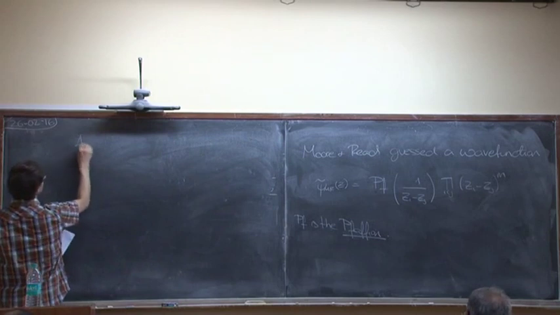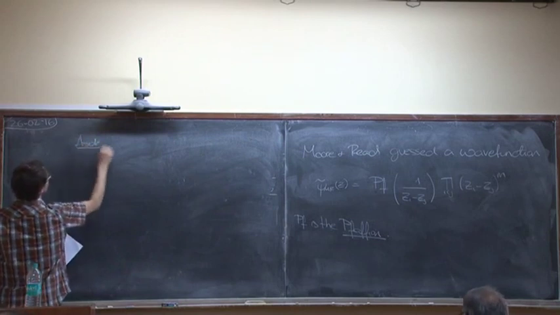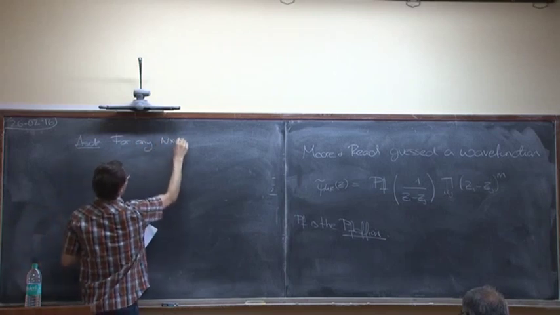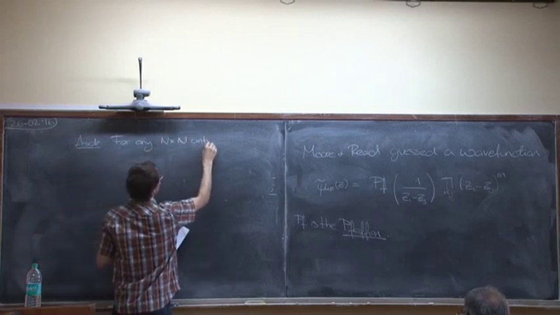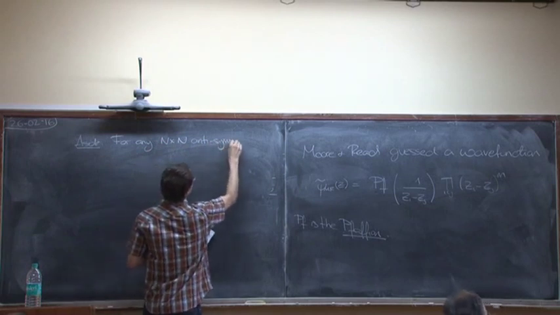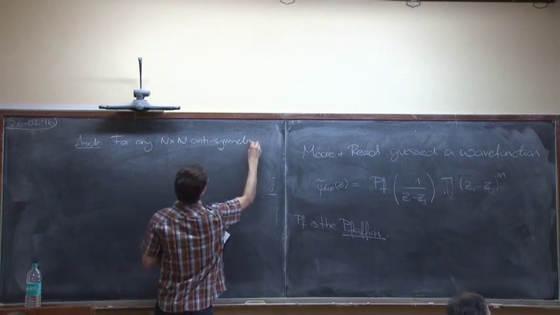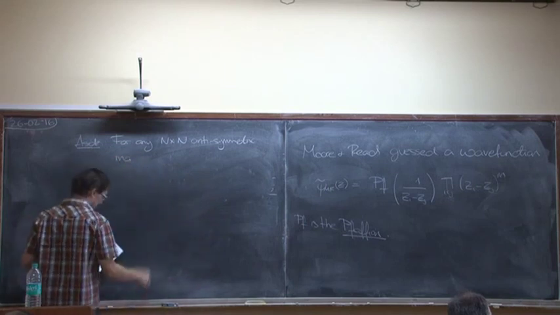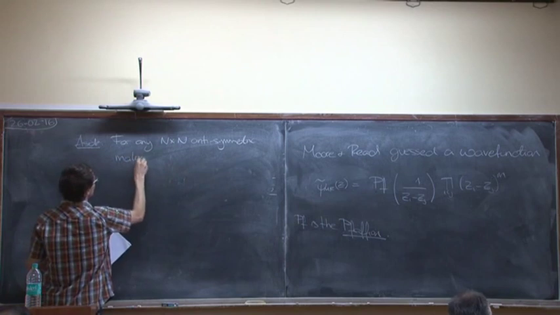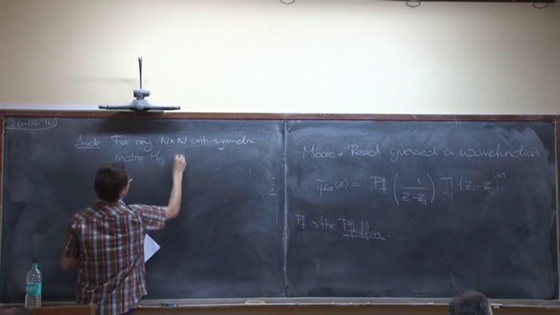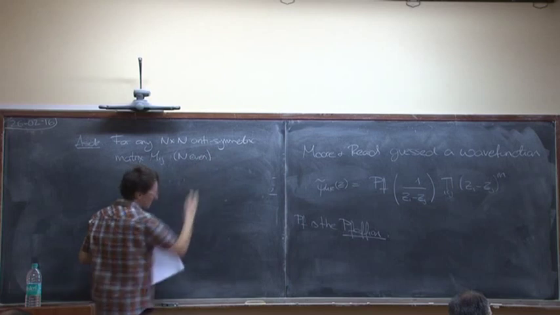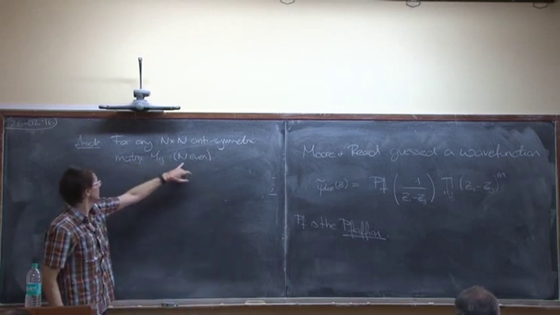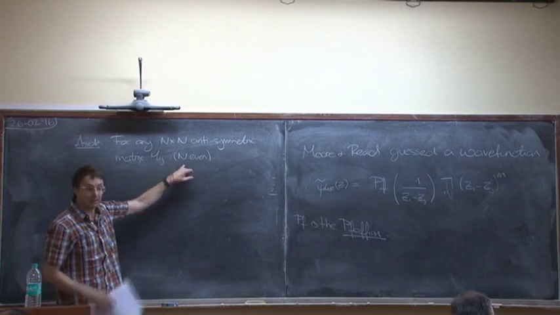So just as an aside, for any n by n anti-symmetric matrix M_ij, and I guess it doesn't have determinant 0, and n should be even.